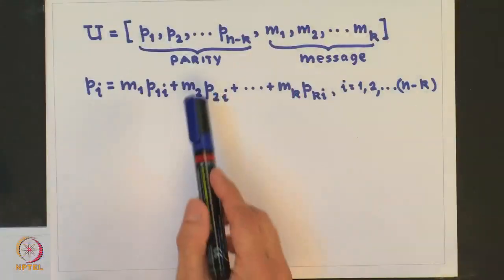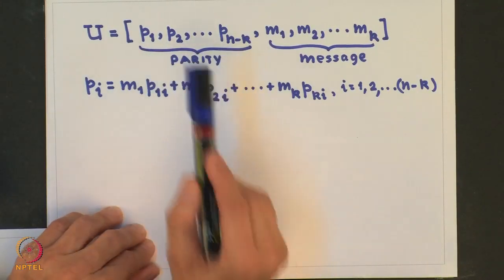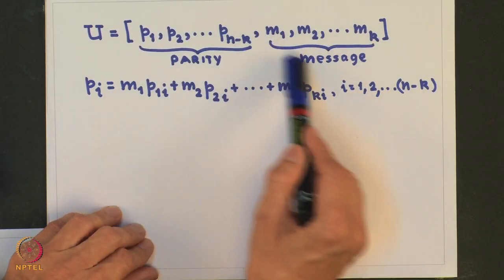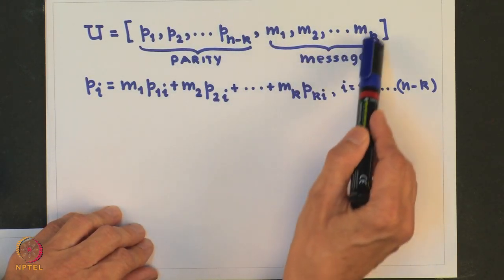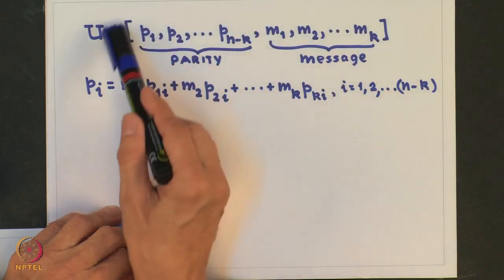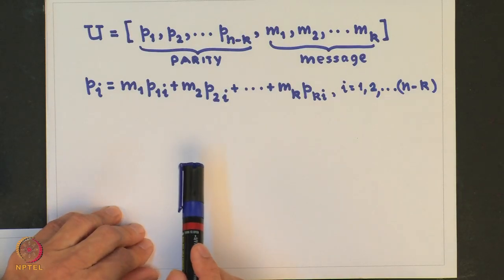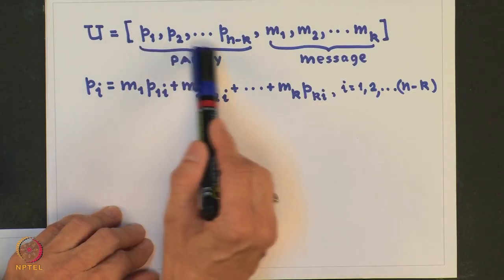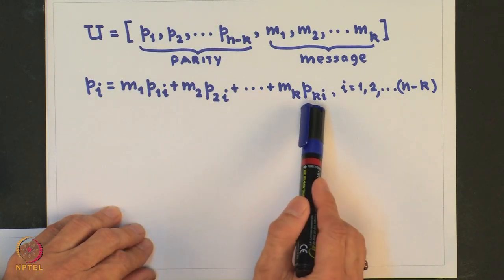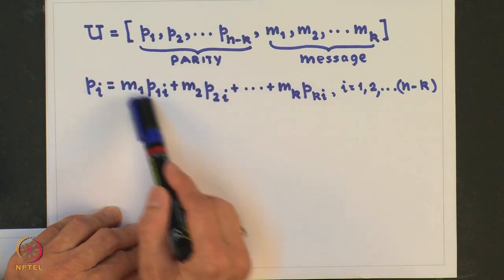Now, we know that our code vector U is as shown here. We have first (n minus k) parity bits followed by k bits representing the message. This is the systematic form of the code word, and these parity bits are obtained by this relationship which we have seen last time.